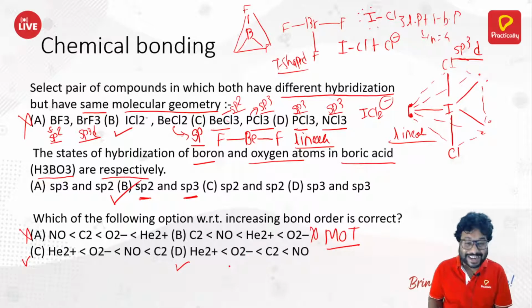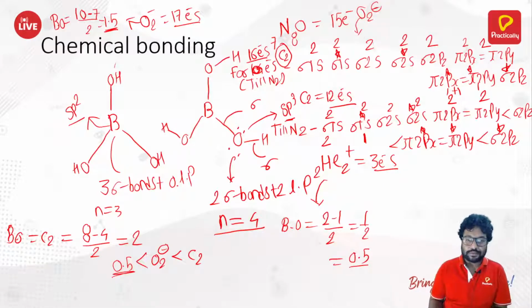Now we haven't got the answer yet. He2 1 plus is smaller than O2 1 minus, and O2 1 minus is smaller than C2. That is present everywhere. Now we need to make sure whether NO has larger bond order than C2 or not. Once we get that, we'll get our answer. NO total has 15 electrons, right?